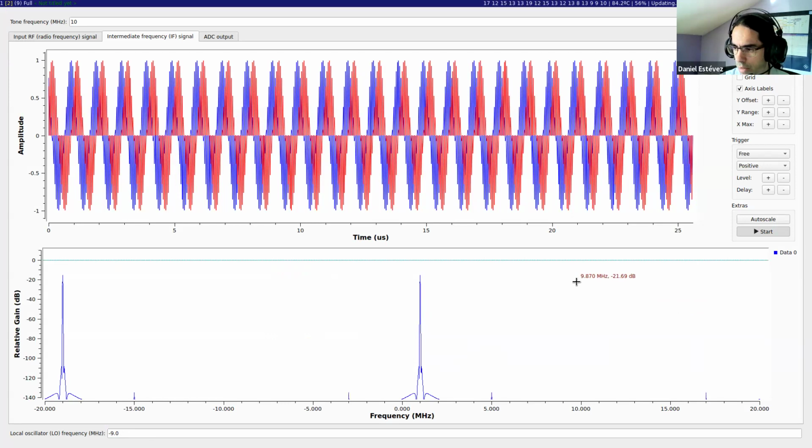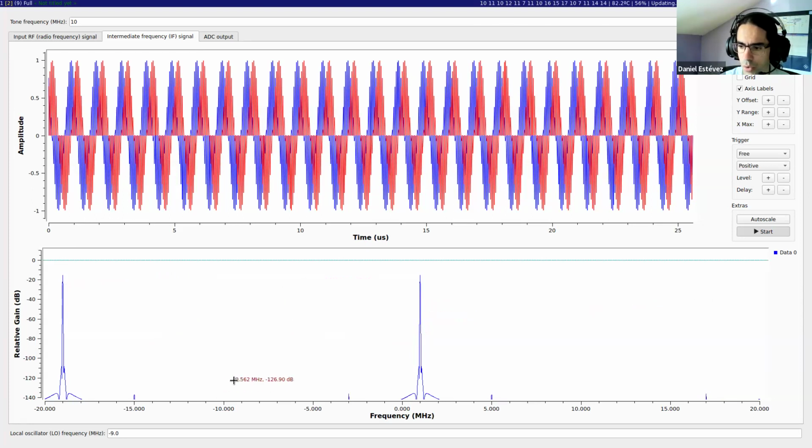And now the signal that was at 10 megahertz has ended up at 1 megahertz, and the mirror signal, so to say, that was originally at -10 megahertz has ended up at -19 megahertz. Why have I insisted on shifting this signal from 10 to +1 rather than the one which was at -10, shifting it to +1?